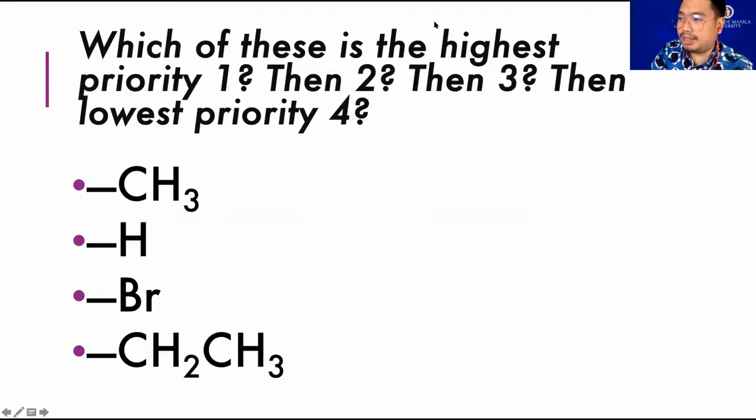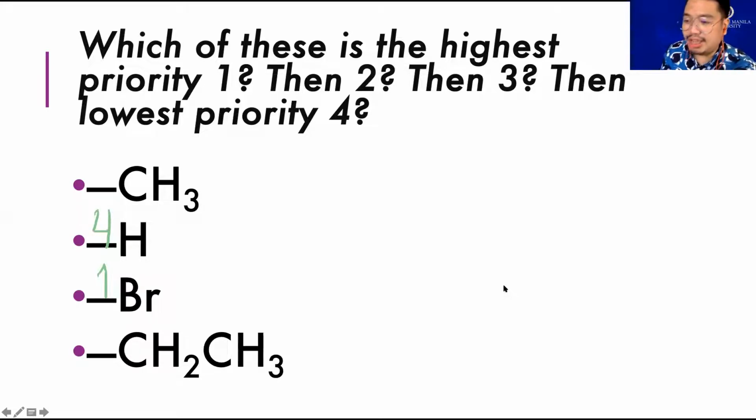Right off the bat, just shout it out or type it in the chat box. Which group gets priority number 1? Bromine. Correct. And which is the obvious priority number 4, the smallest one? Hydrogen. Okay.